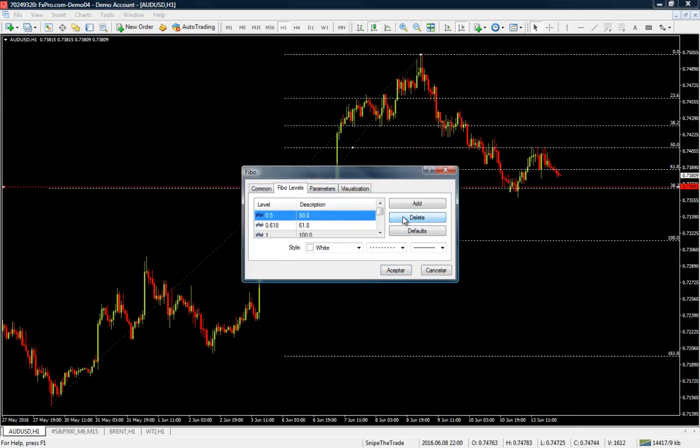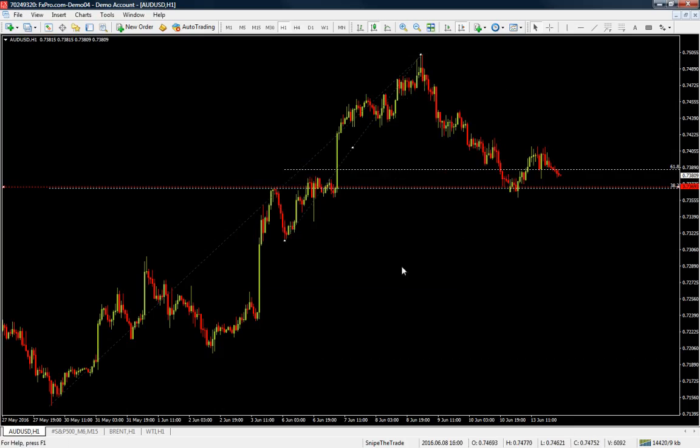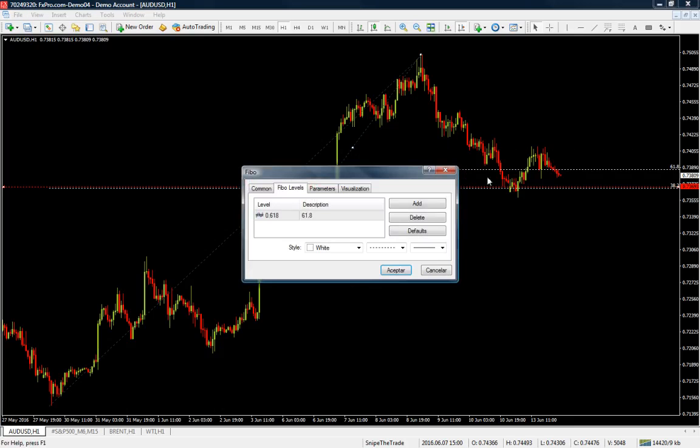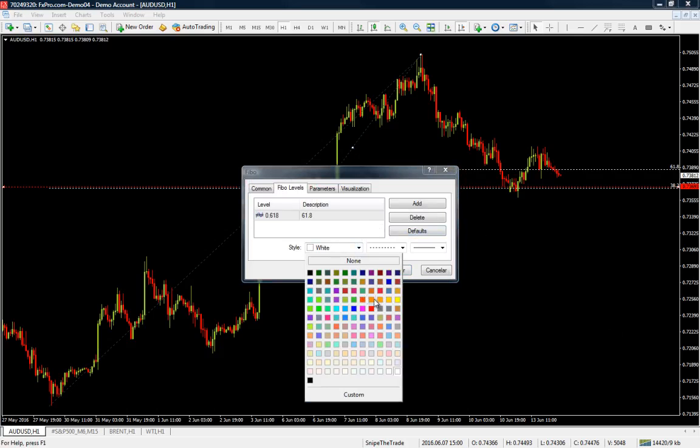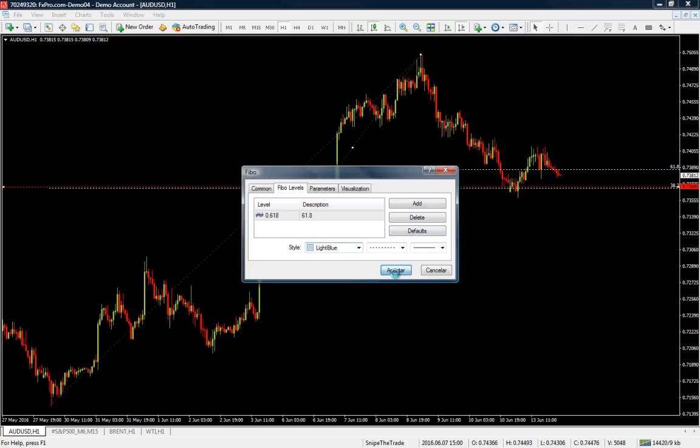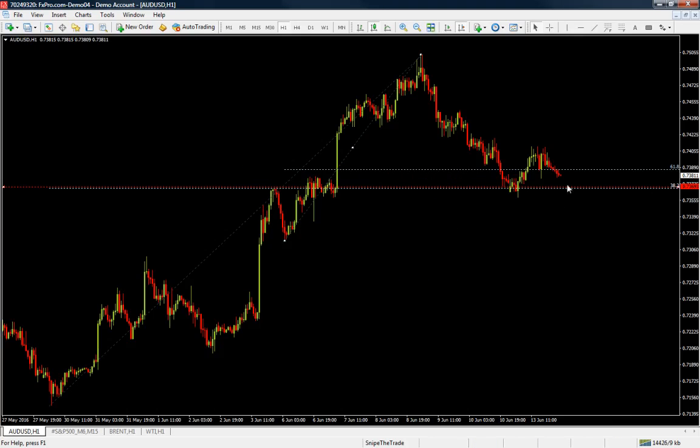Remember that they don't necessarily have to be one on top of the other. What we are really looking for is confluence of an entire zone.